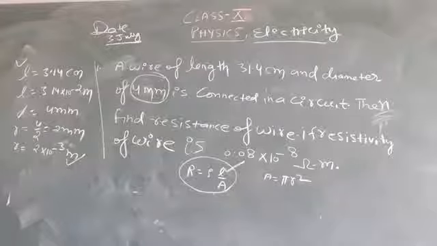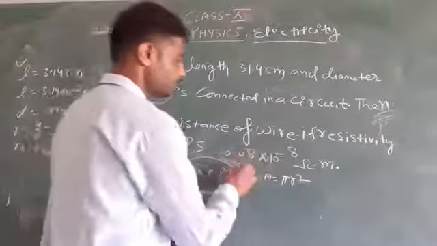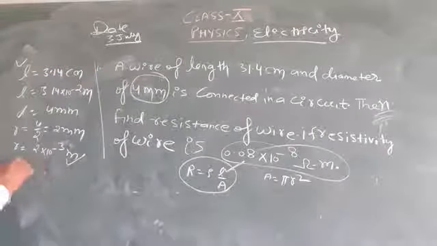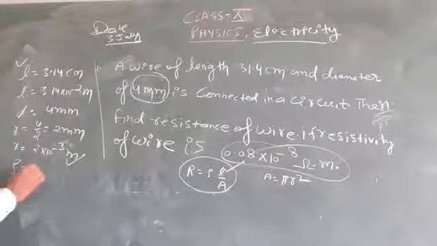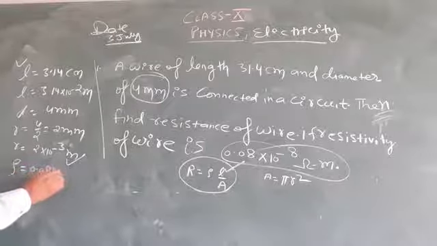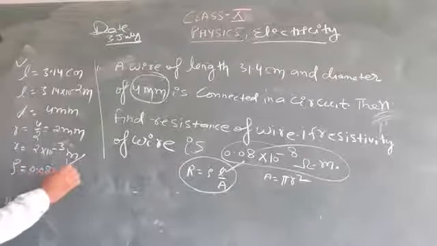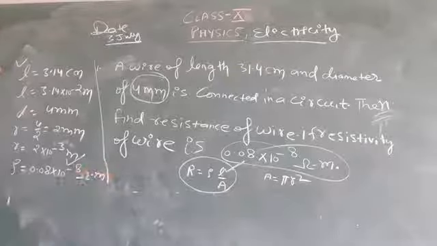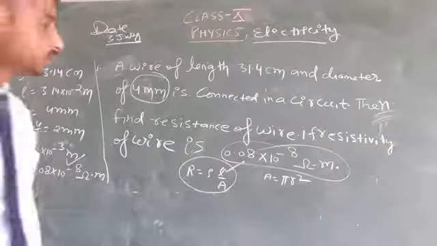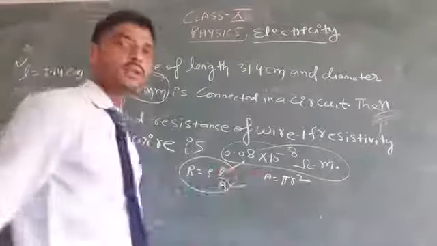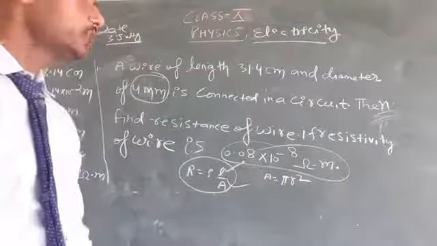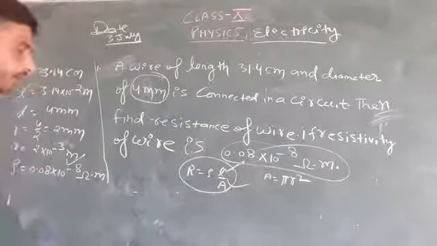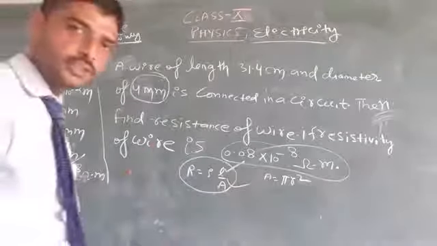The other value given in the question is the resistivity. It means rho equal to 0.08 into 10 to the power minus 8 ohm meter. Now you can apply this formula and find the value of resistance.